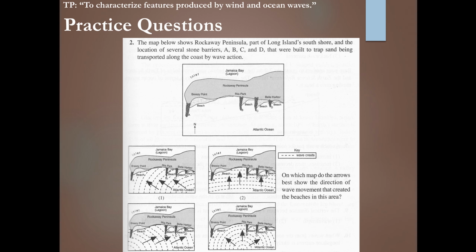Question says, on which map do the arrows best show the direction of wave movement that created the beaches in this area? We have a north arrow. If you notice all these rock groins, the eastern side of each of these rock groins has beach, deposition of the sand.